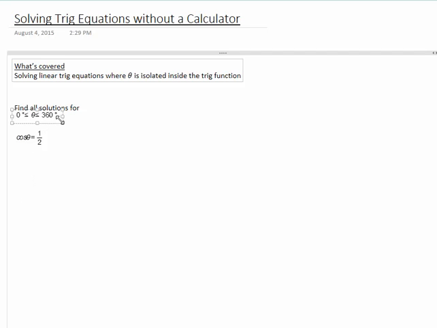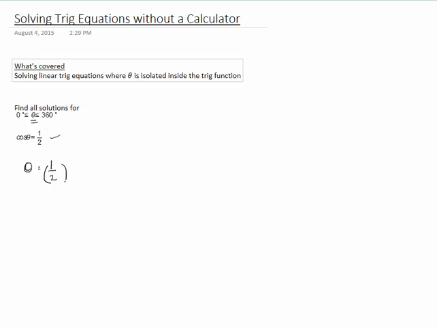First, we realize that with our solutions, we want all the angles between 0 and 360 degrees that make this statement true. So when is cos theta equal to 1/2? What is the angle?